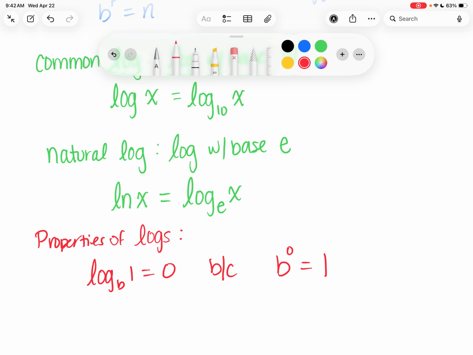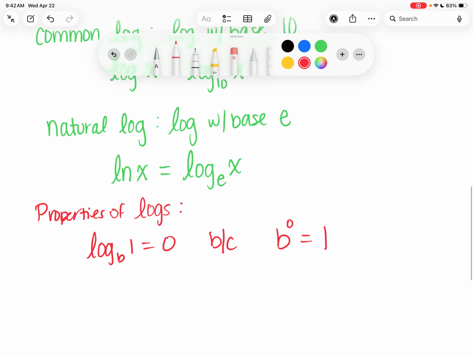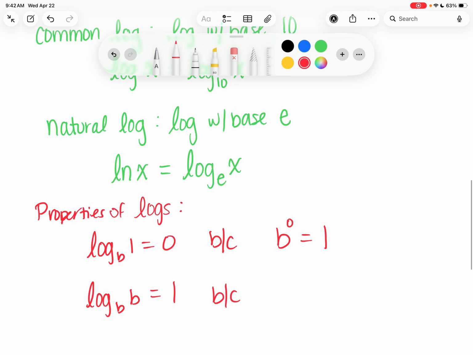So if you have this situation, log base b of 1, it's always going to be equal to 0. The other option is if we have a log of b that is base b. So if we have log base b of b, that's equal to 1 because if we have a log, we make the exponential, b to the 1 is equal to b because anything raised to the first power is just itself.